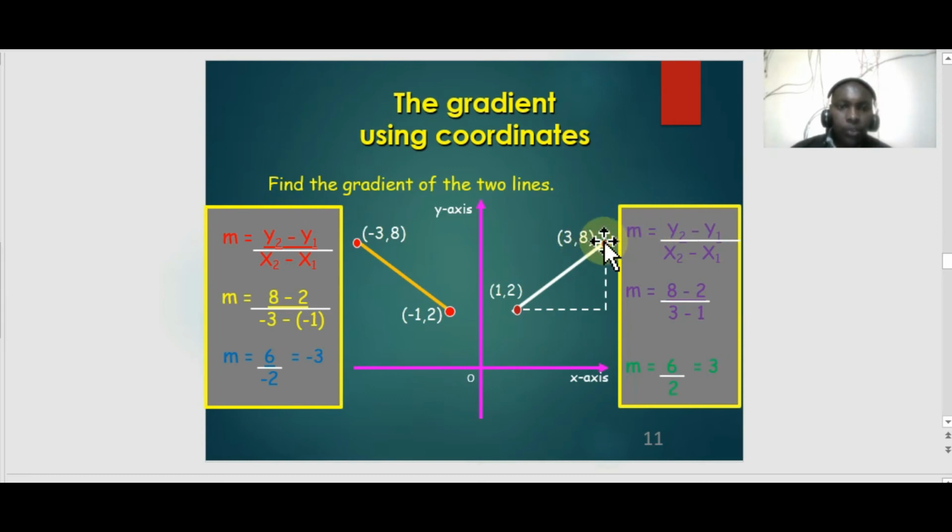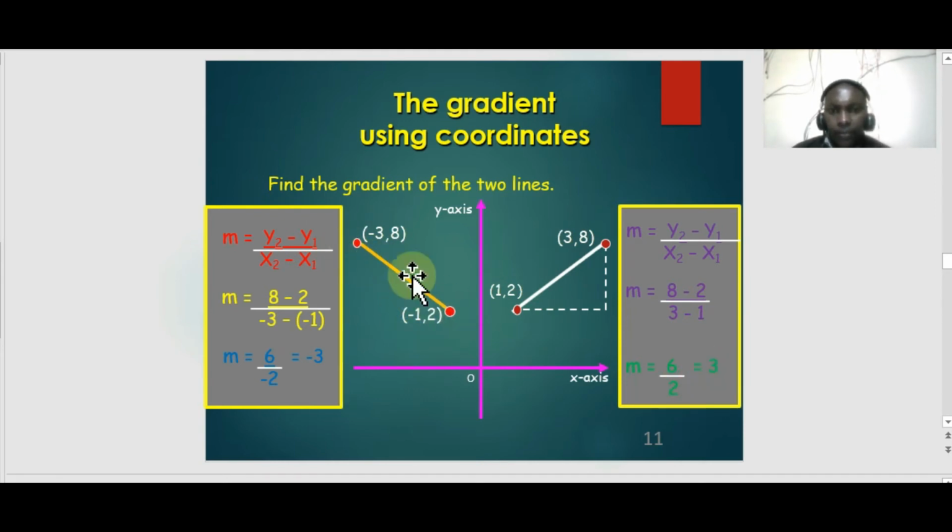For this one, you're going to get the change in the vertical distance, 8 minus 2, divided by the change in the horizontal distance, which is given by 3 minus 1, and this will give us 6 over 2, and the gradient of that line is given as 3.